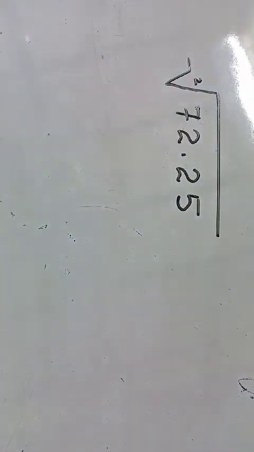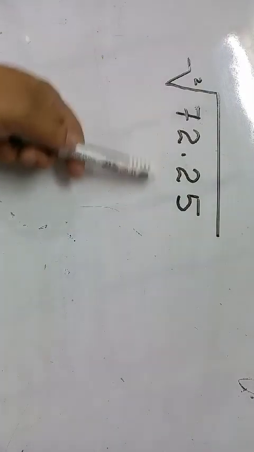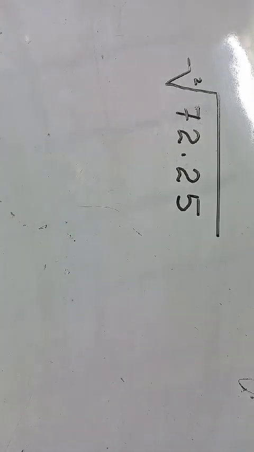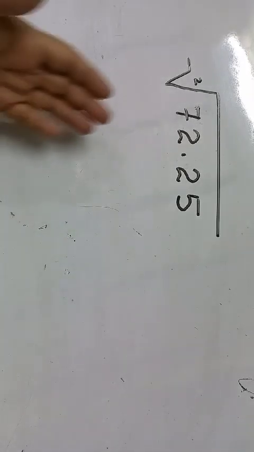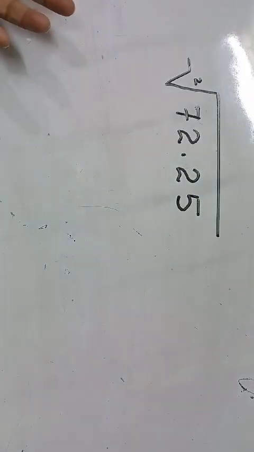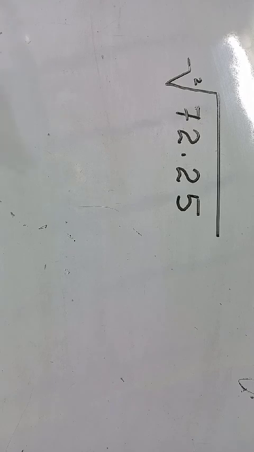It is natural for everyone to know that you cannot really get this using the prime factorization method directly, and nobody remembers the square root of 72.25. So we have to work here. We have a few steps to follow before we get the answer to this question. Let us see how we can go about this.